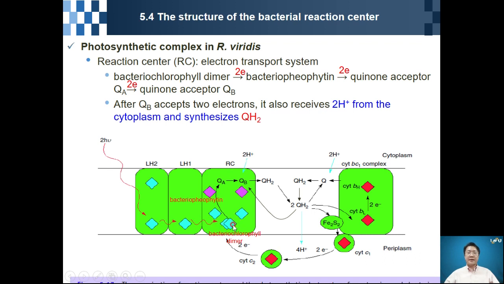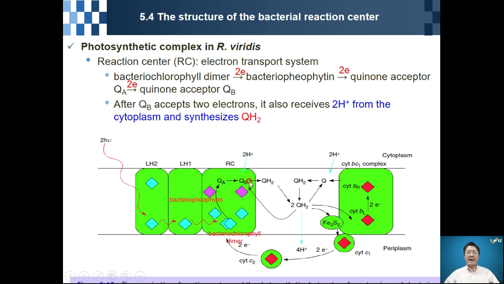After that, this dimer transports two electrons to bacterial pheophytin. The purple color is bacterial pheophytin. After that, bacterial pheophytin transports two electrons to quinone acceptor QA. After that, it also transports two electrons to quinone acceptor QB.